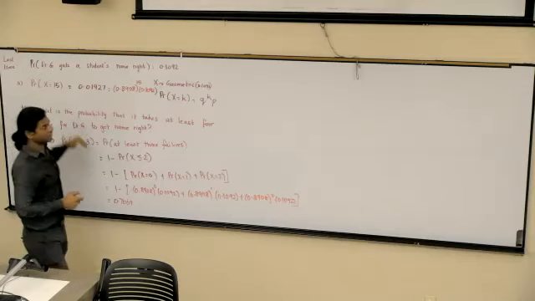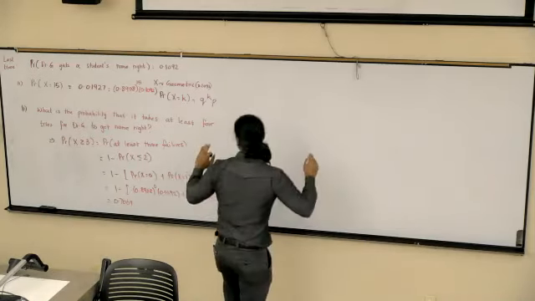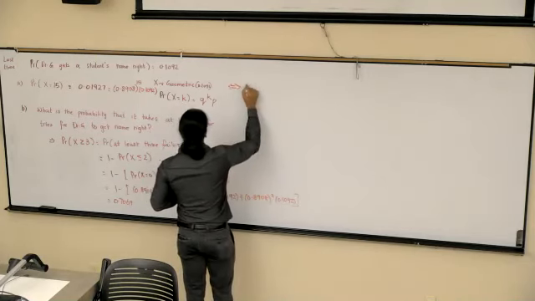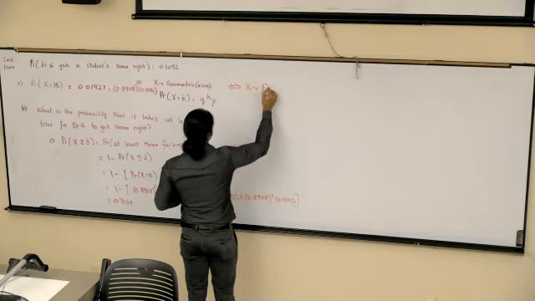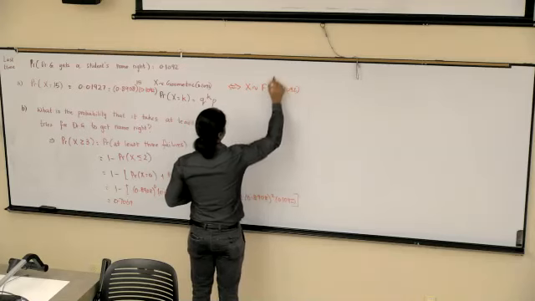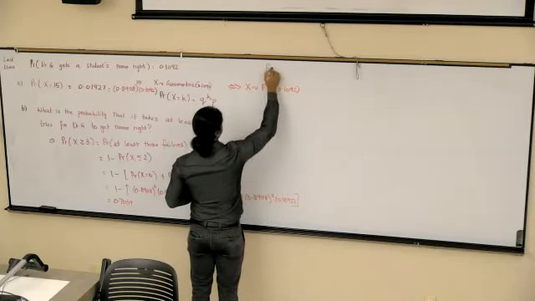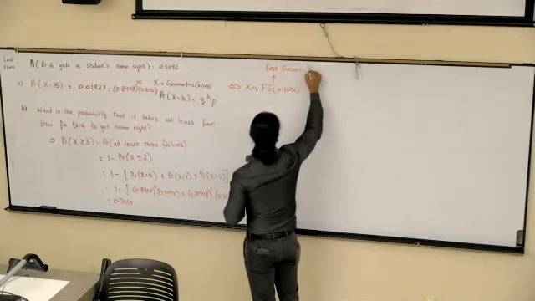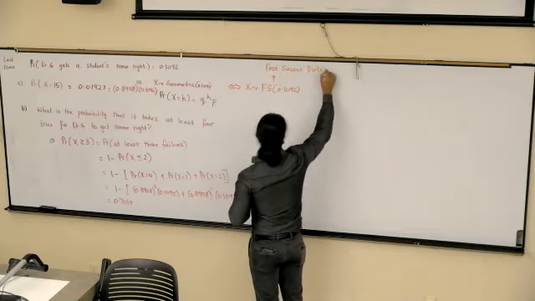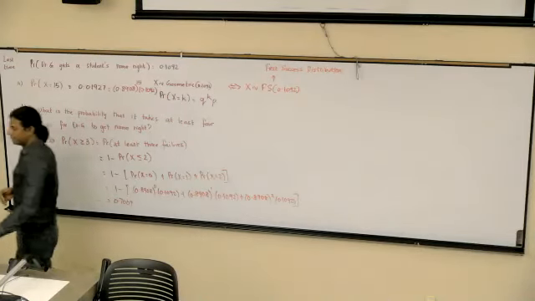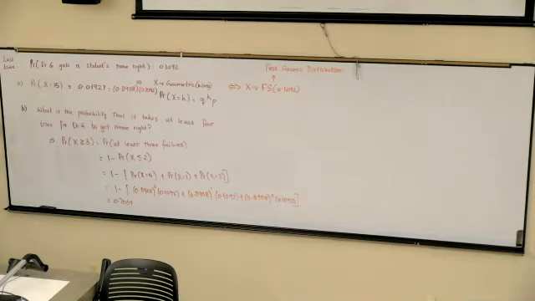So this specific geometric distribution is also called the first success distribution, because we're talking about the number of times it takes to get the first success.